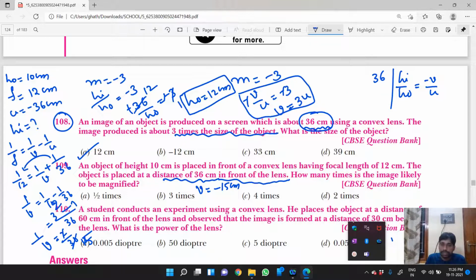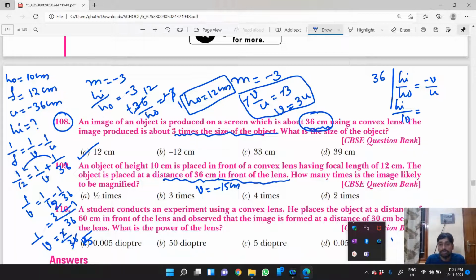Here hi is the unknown quantity, and ho, the height of the object, is 10.